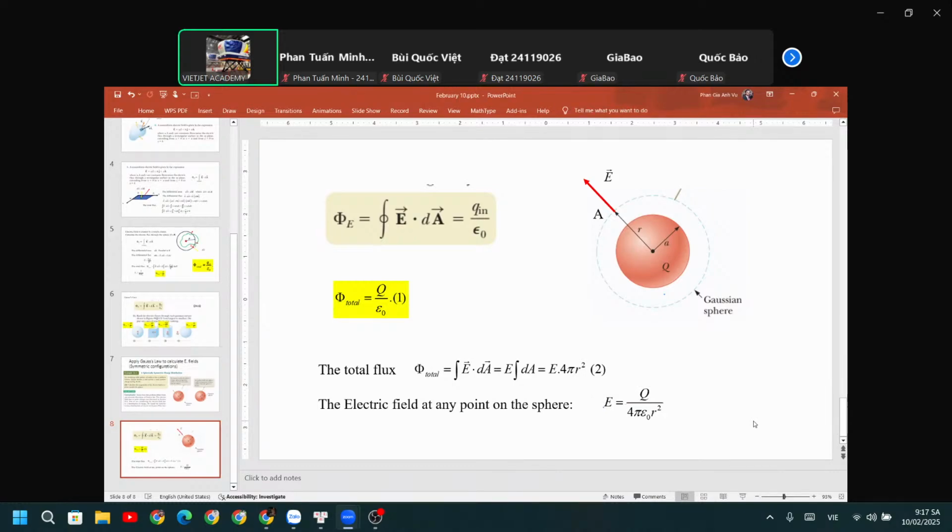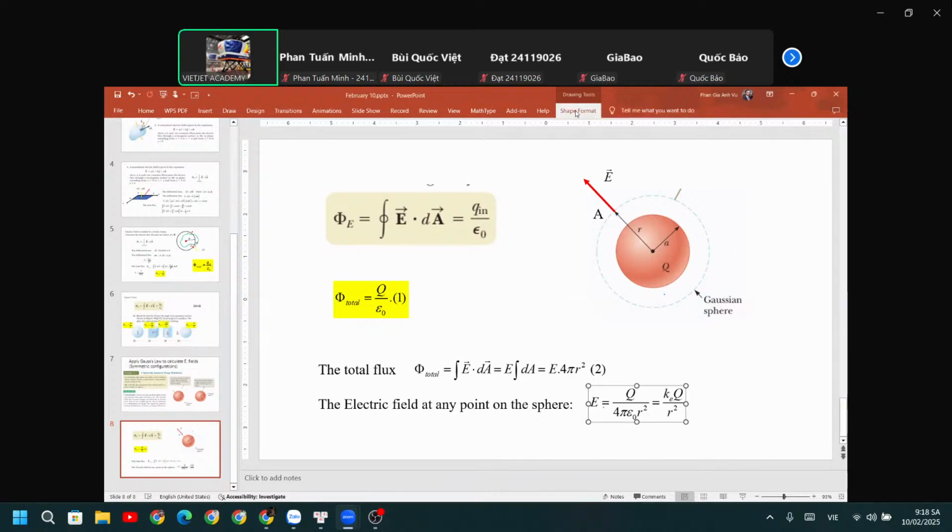But remember, you can substitute the 1 over 4 pi epsilon 0 with ke again. Then a step further will be this: keQ over r squared, like this.